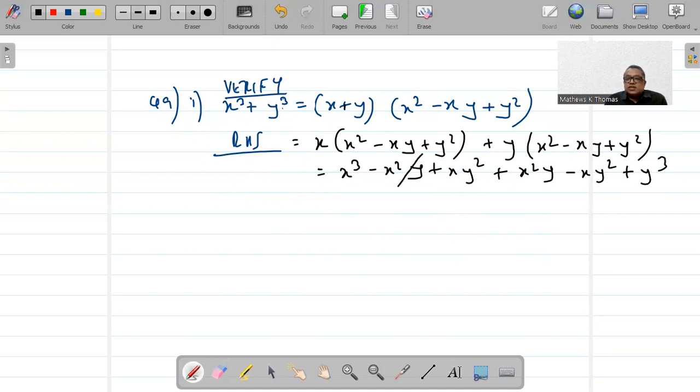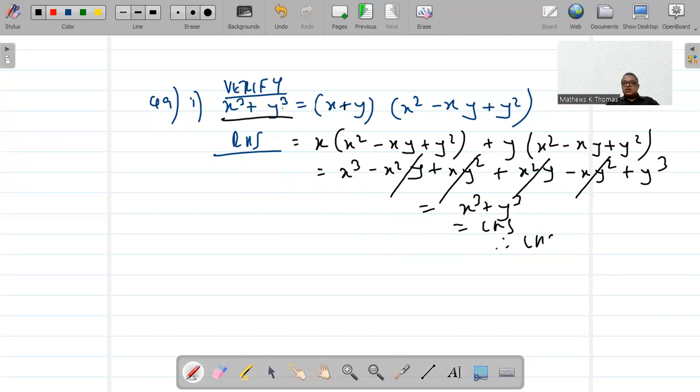Now what you realize is negative x square y, positive x square y cancels. xy square minus xy square cancels. And what are we left with? We are left with x cube plus y cube, which is equal to the LHS. And therefore this algebraic identity is verified because our LHS and RHS are equal. We started with the RHS and we got the LHS. That means LHS equal to RHS.